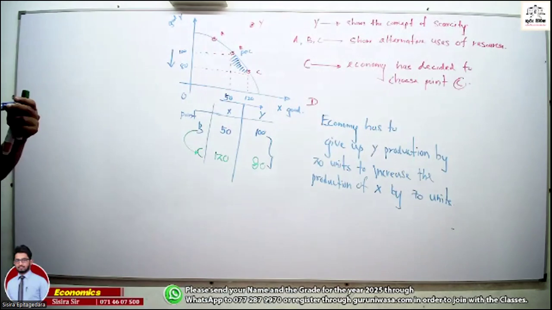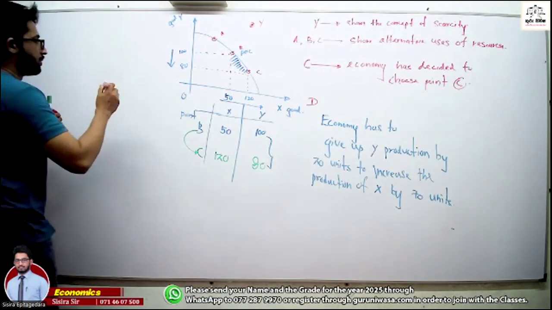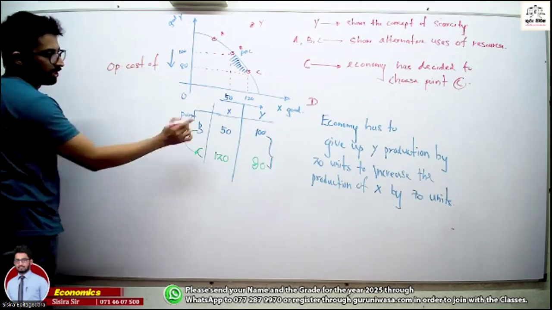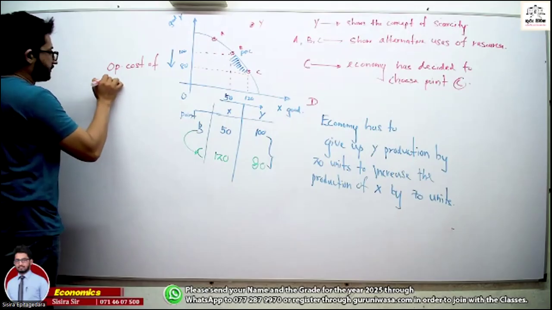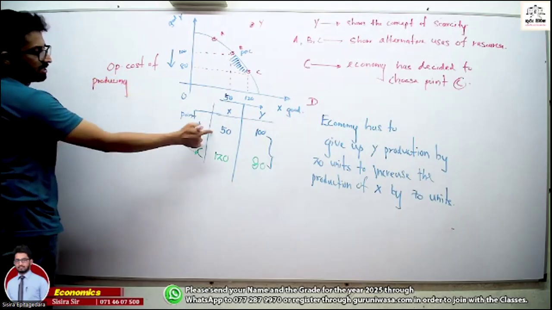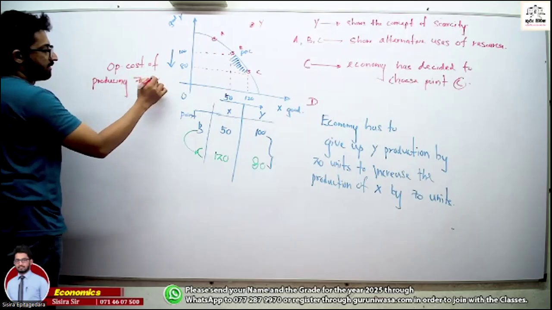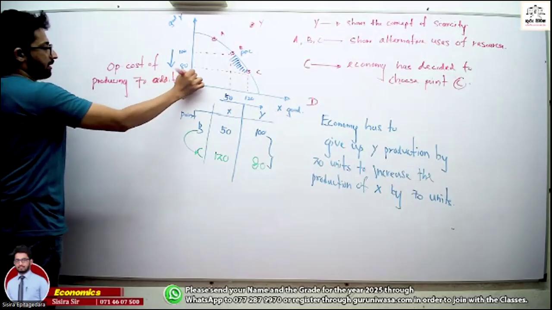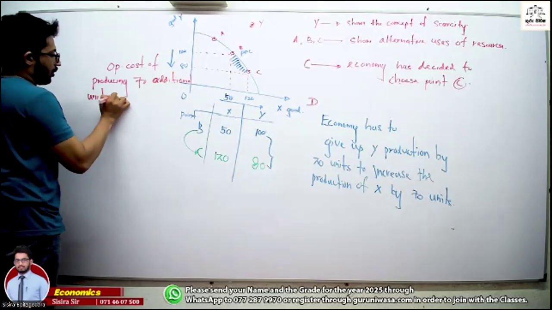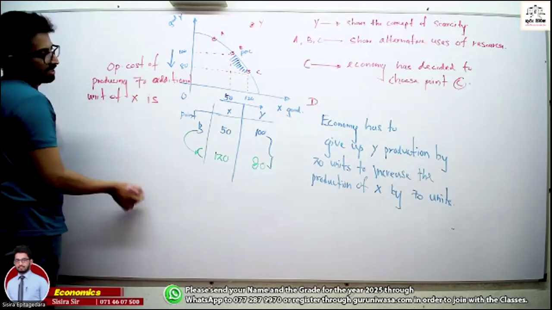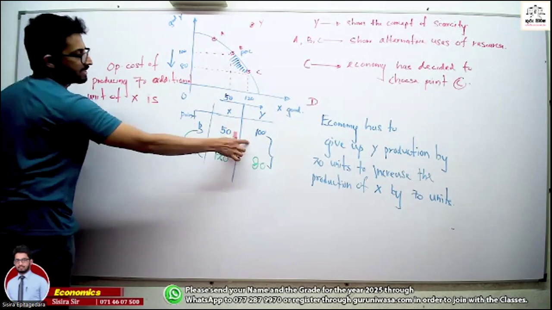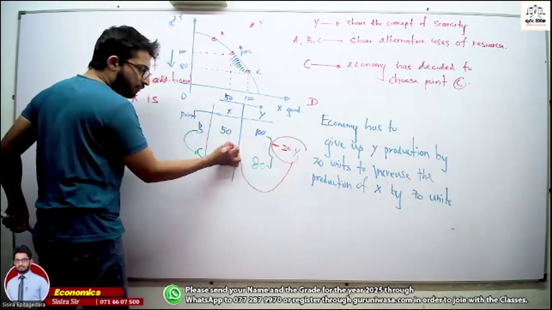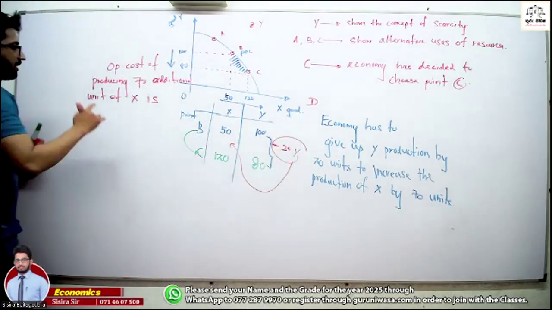Then you can say, the opportunity cost of producing 70 additional units of X is to give up 20 units of Y. This is called the opportunity cost of these 70 units, right?